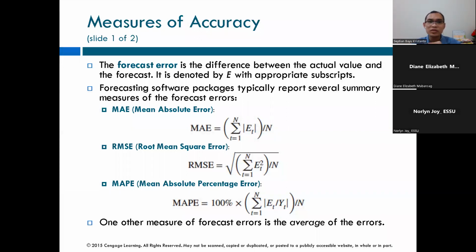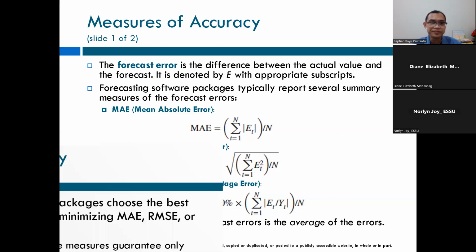So how to measure the accuracy of our data? The accuracy is reported like the forecast error, using the absolute error, the root mean square error, and the mean absolute percentage error. But whatever you choose is no problem. There are different analyses, and they are accepted using the absolute, the root mean, or maybe the mean absolute.